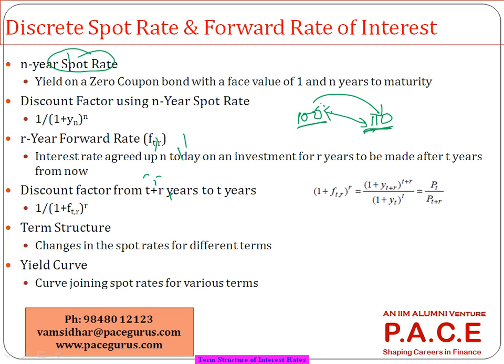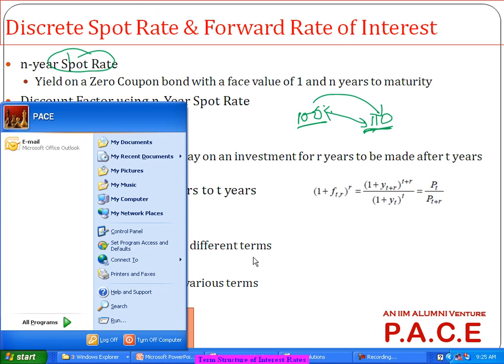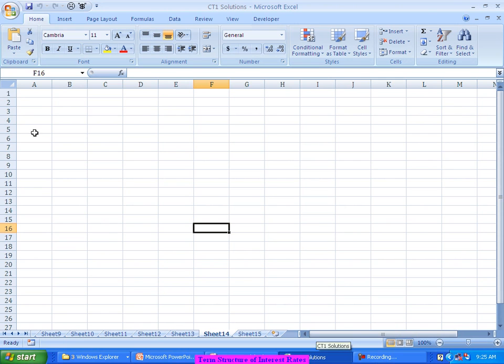For example, we have an FD kind of instrument. Any FD, fixed deposit, can very well be looked at as a zero coupon bond because we are investing something now which will give whatever the value on maturity and nothing in the middle. Those are what we call equivalent to a zero coupon bond.